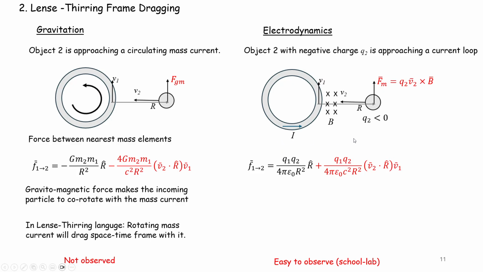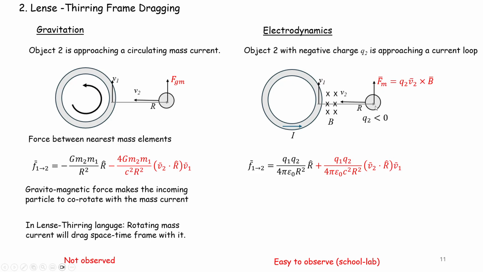And we then have the object here with a negative charge to get the exact correspondence with this gravitational phenomenon. Because the currents are positive charges, and in gravitation we have attraction between mass elements. So to get an attraction between this current element and the negative charge here, this charge has to be negative.